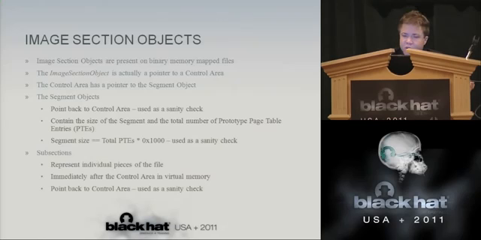Also, the segment object will contain the segment size, which is the total size that that file object represents, and the total number of PTEs. So if you would take the total number of PTEs, multiply it by 4K or by 1,000 hex, that should be equal to the segment size.